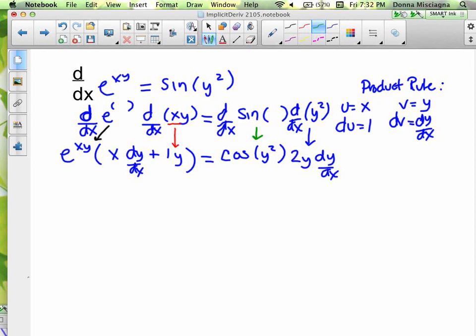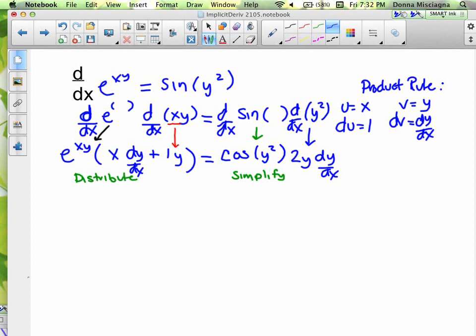So we're going to clean this up and we're also going to distribute. Right here we need to distribute, otherwise our dy/dx is stuck in parentheses. We also want to simplify a little bit on the other side. We'll distribute the e to the xy to both those terms.